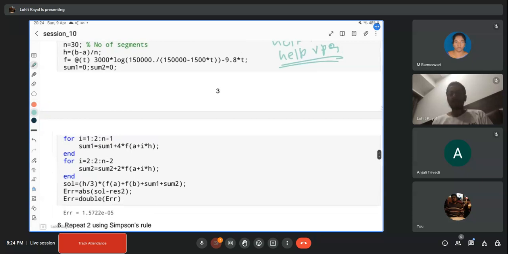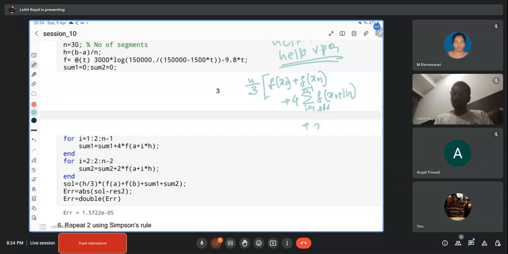So remember the formula. The formula was h by 3 times f of x naught plus f of x n plus 4 times the summation i equals 1 to n minus 1, but I will consider only odd terms, f of x0 plus ih, plus 2 times the summation i equals 2 to n minus 2, but it will consider only the even terms, that is f of x0 plus ih.